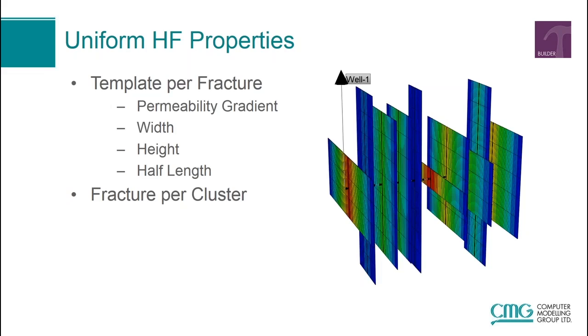A template is then created for each fracture with separate values for permeability calculated from the imported conductivity, fracture width, height, and even half length. This time, we set the permeability to be a linear gradient decreasing from the wellbore perforation out to the tip of the fracture. All of these properties are read directly from the exported file. In the end, we have a separate fracture for each cluster, each with property values calculated by these other tools.